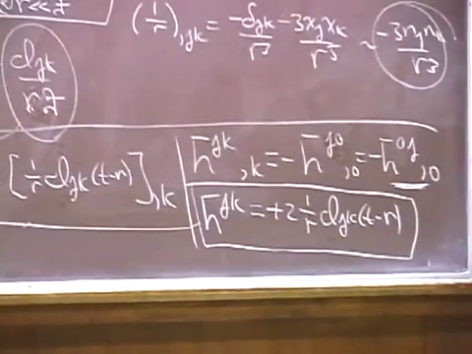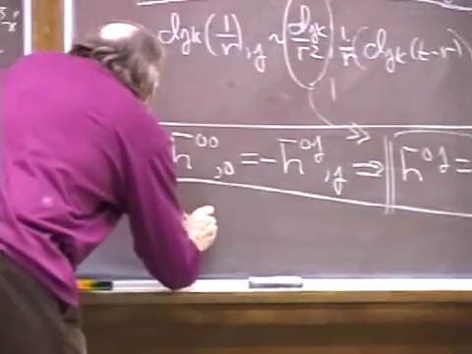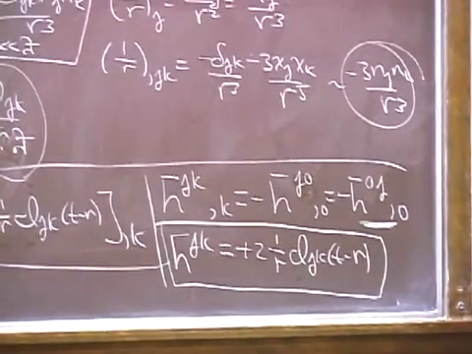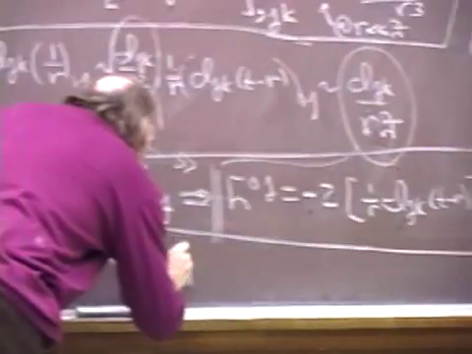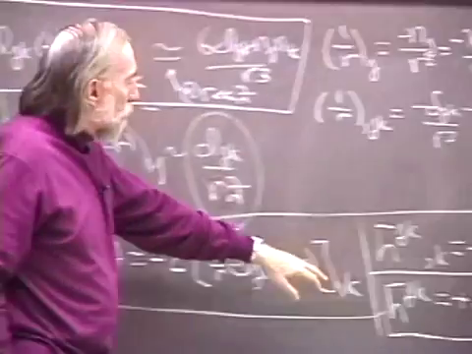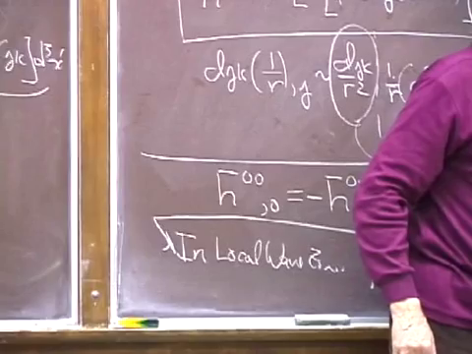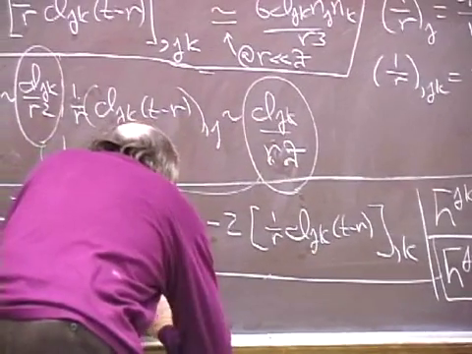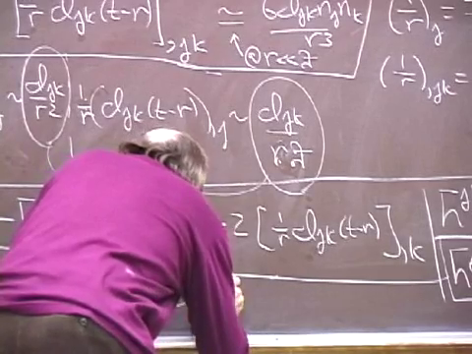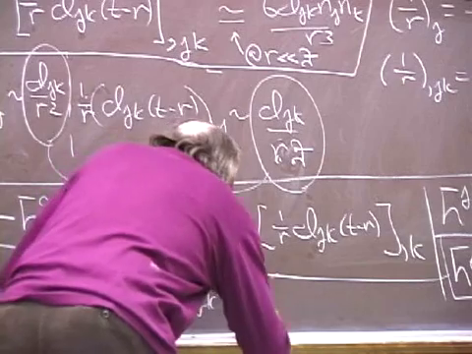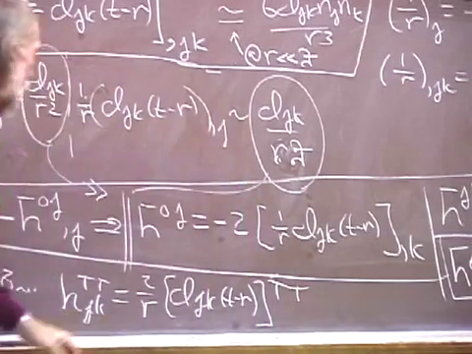And so the bottom line is that in the local wave zone, h jk TT, I get just by projecting out the trace on this, and it's equal to 2 over r ijk at location t minus r, the retarded location, with the transverse traceless piece projected out.